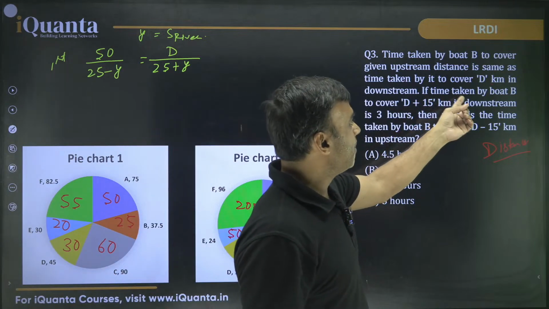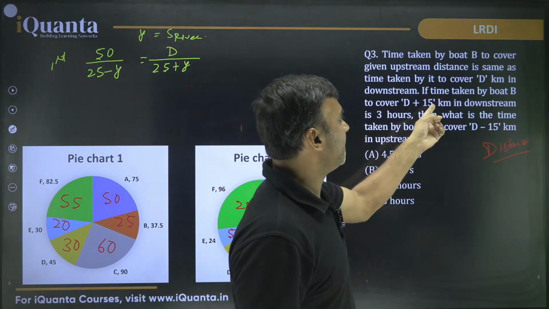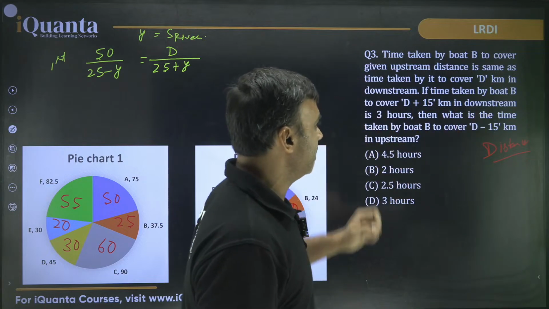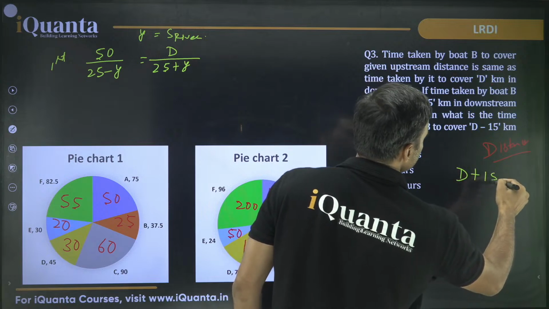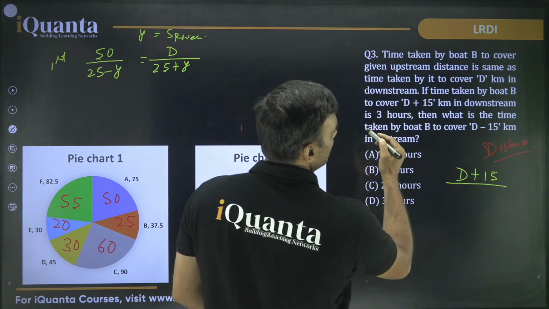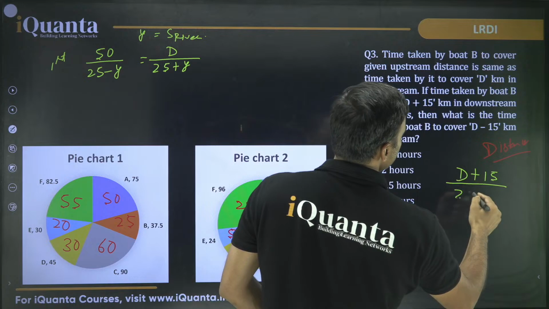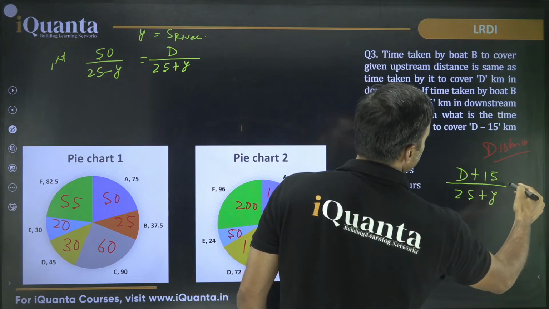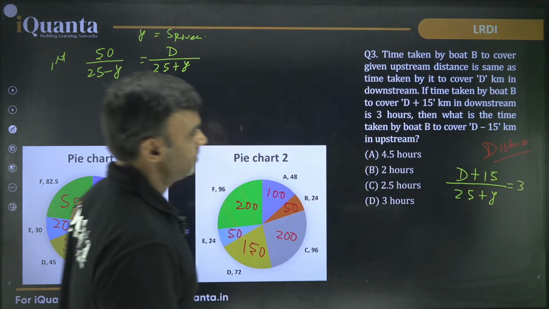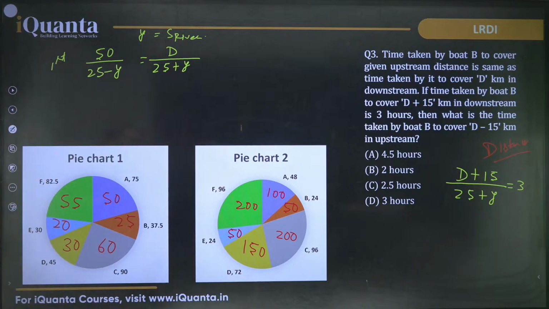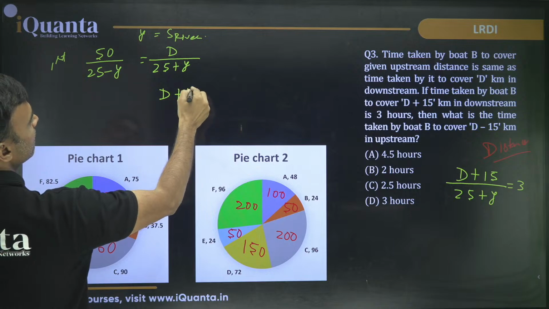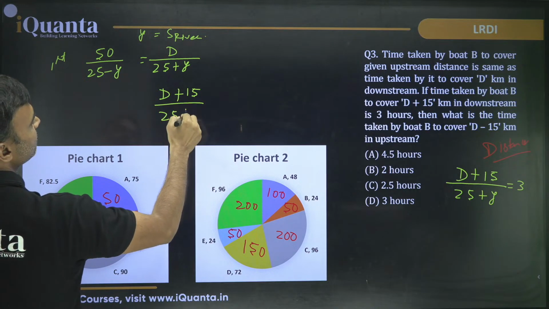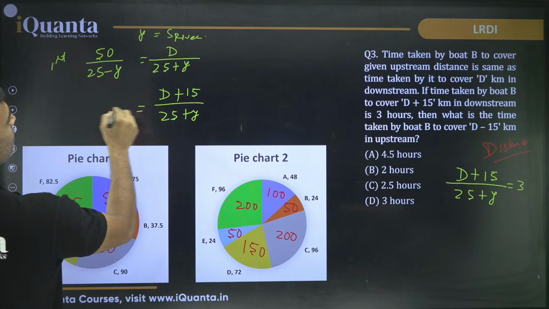If time taken by boat B to cover D plus 15 kilometer in downstream is 3, so D plus 15 divided by the downstream speed 25 plus y is equal to 3. ठीक है? In fact, I'll write it here only. D plus 15 divided by 25 plus y is equal to 3.